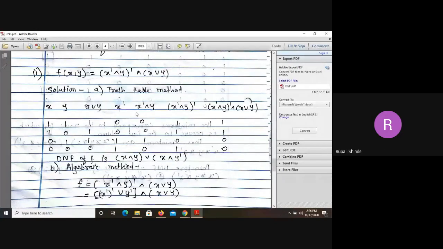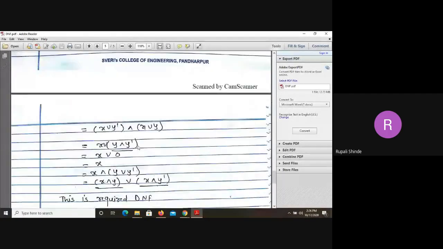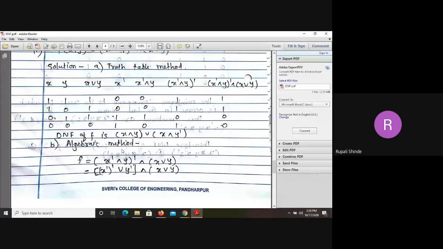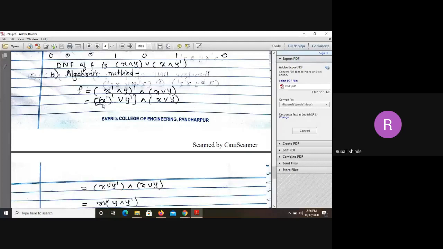Now in this second method we have to find it by the algebraic method. For this, again the same rules apply. If a missing term is there, then we have to add it. What is that function? The complement of x complement and y, this whole bracket complement, and x or y. First of all, we have to apply the complement over this bracket. x complement is equal to x only, because the complements get cancelled.